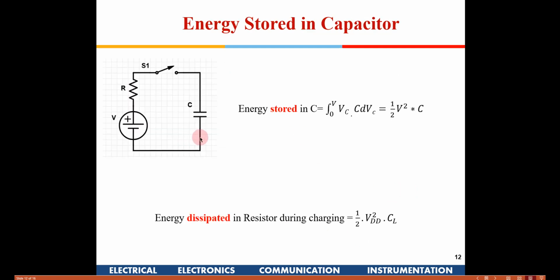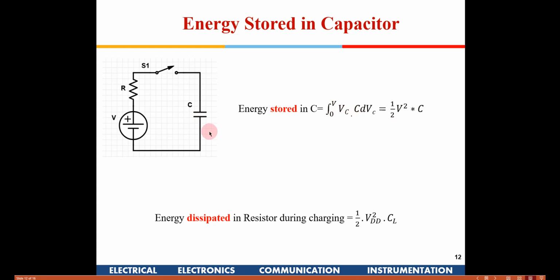Now another important thing which we need to know is the energy stored in a capacitor. How much energy gets stored in this capacitor when we switch on this supply? Say Vc is the capacitor voltage. What is energy? Energy is an integration of power, right?